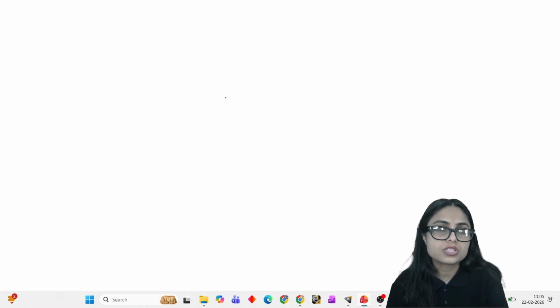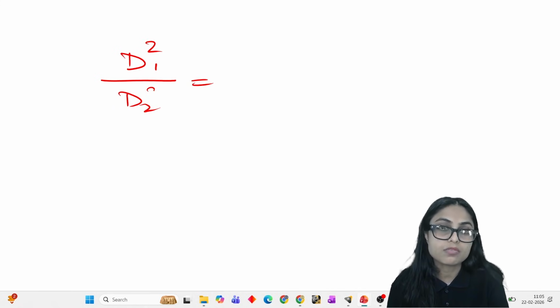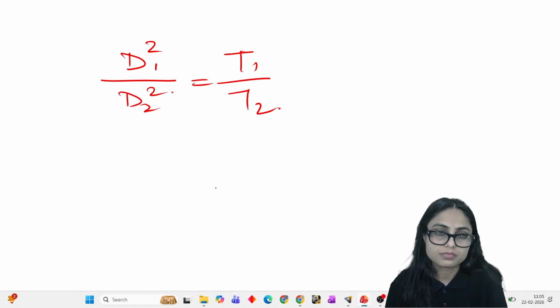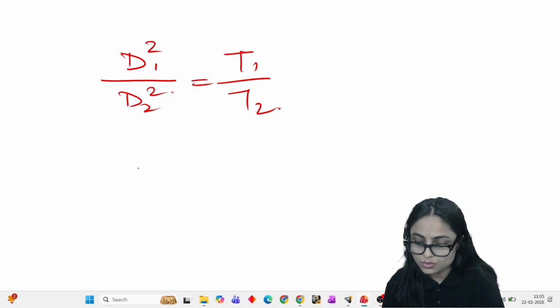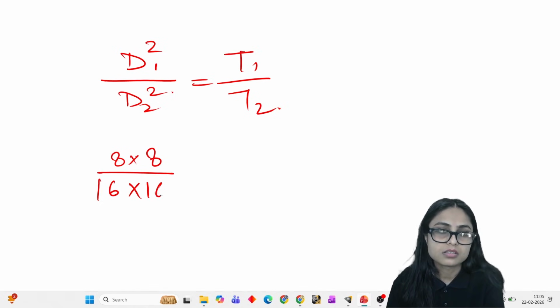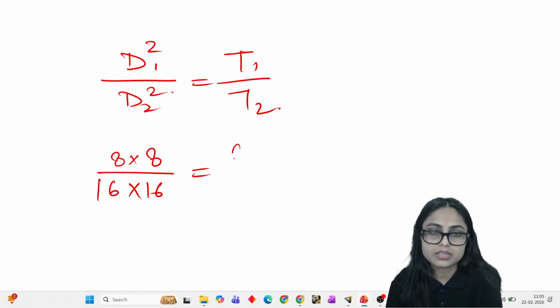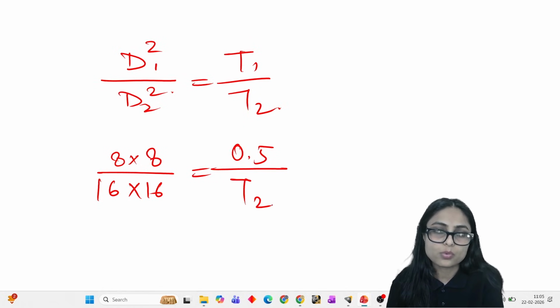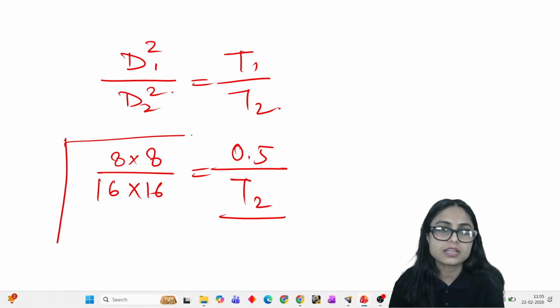So we can just write down the formula here: the square of D1 upon D2 is equal to T1 upon T2. Just put all the values in this and solve this mathematical equation.